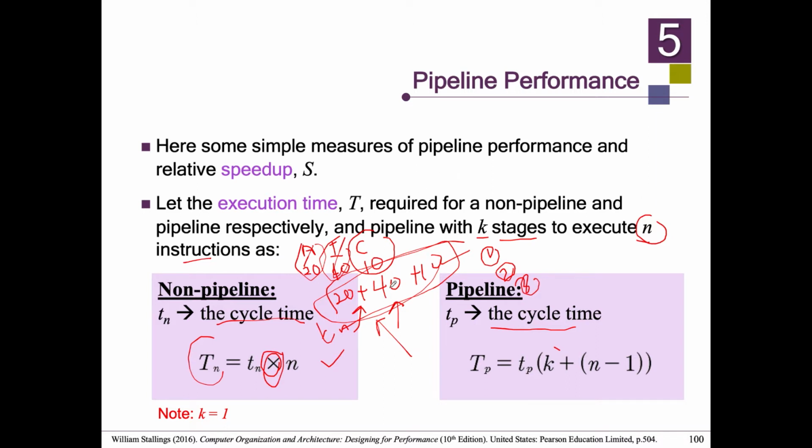So we have 3 instructions, and K stages. Let's assume the question already gives 5, and for the time you pick the maximum, let's say 40 here. Then N minus 1 for 2, and then you will get your answer. Just memorize this equation. After this, we will look into the example.